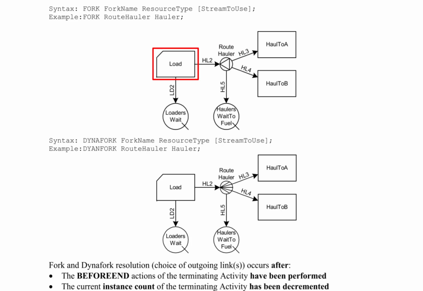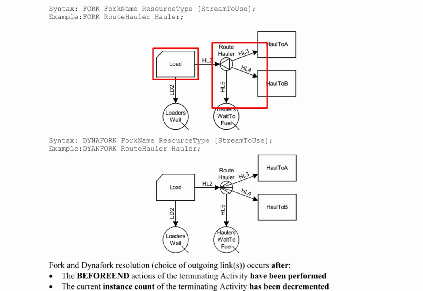When an instance of load ends, and before it releases any resources, it sends a message to fork route hauler to select an outgoing link, HL3, HL4, or HL5, one of the three, and then to send a message to the successor node to get in context.